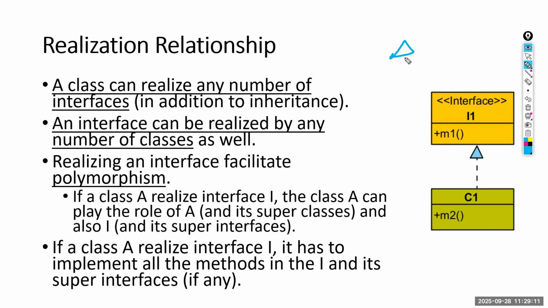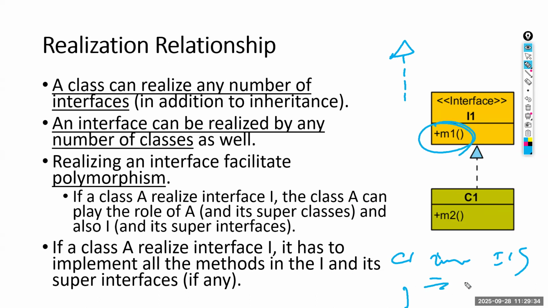A solid line is inheritance. This is realization or implementation. So we say C1 implements I1. Then you need to implement each and every method in your class.